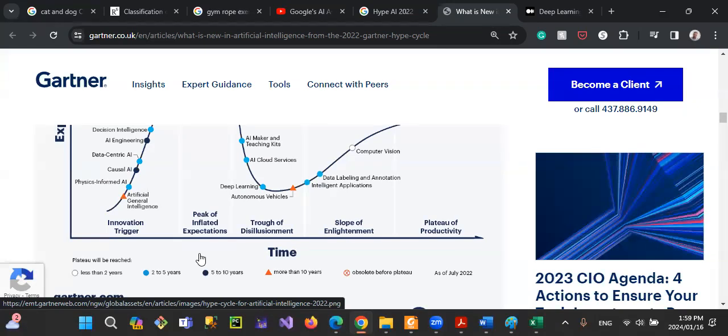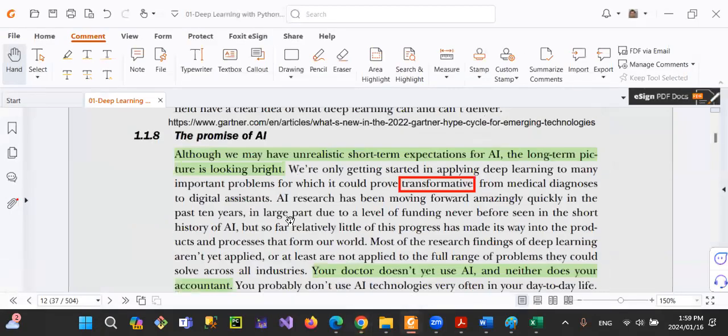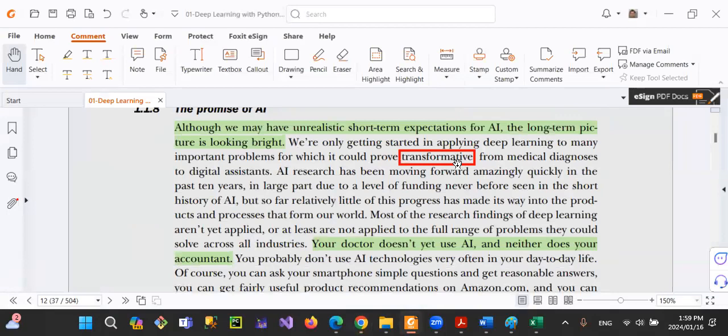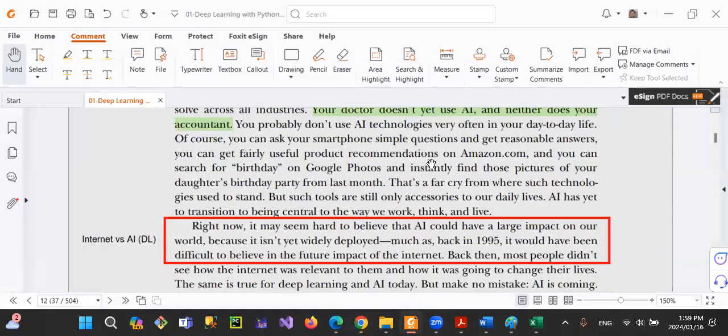I look at deep learning like something with programming that we have. Are we gonna say one day you're not gonna use loops, conditions in programming? We are gonna use them in just modern forms of languages. Getting to this part, transformative.